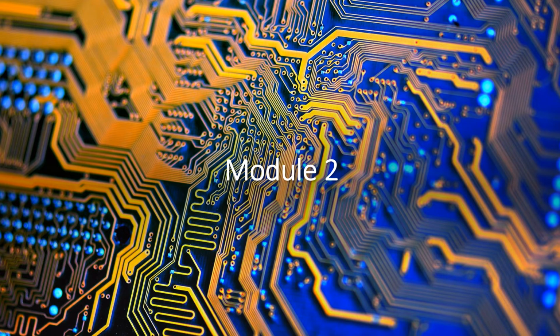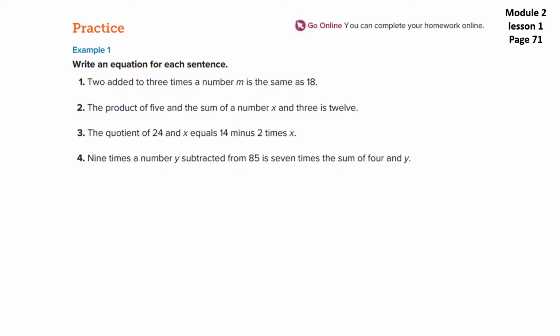So now I'm providing you with the detailed answer key for module 2. So these are the questions that we have covered in our last video. So the final answers for these word problems where you convert the sentences into equations is as follows. So you can check your answers.